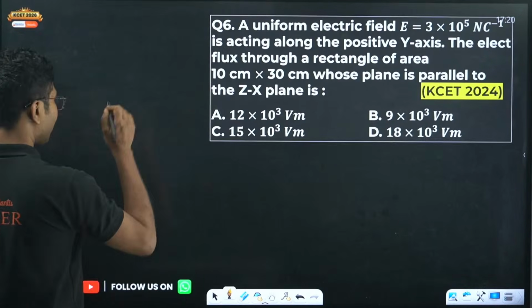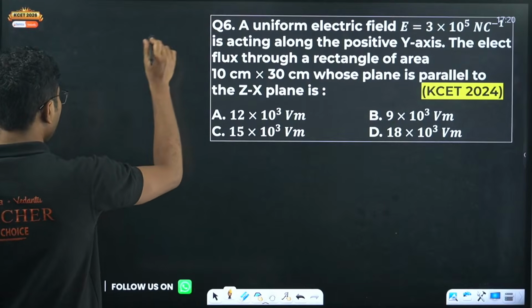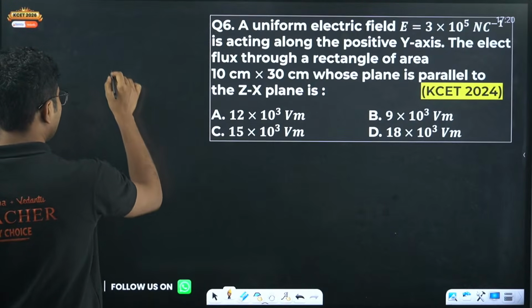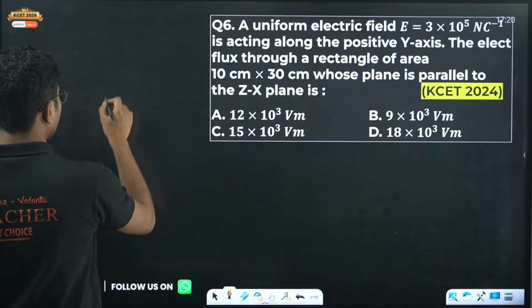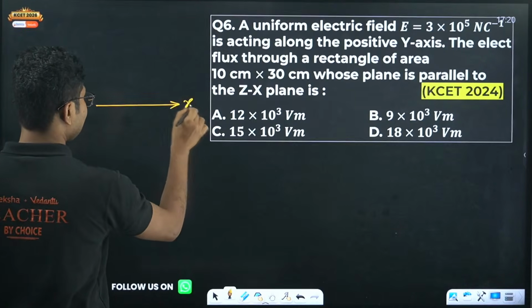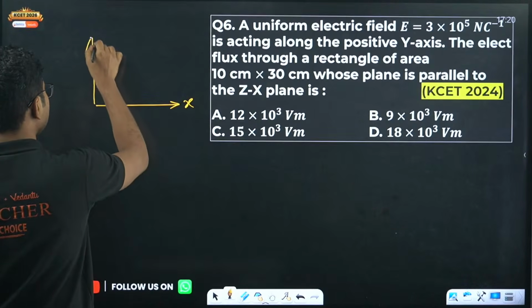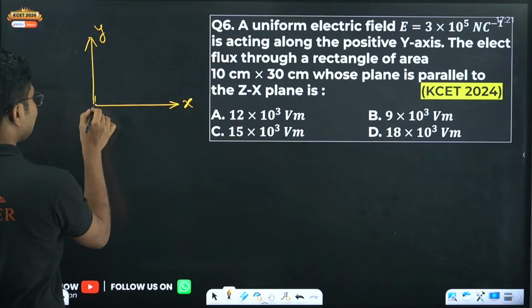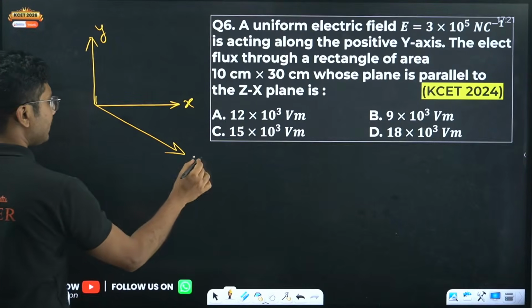So let us draw the diagram. Suppose this is my x-axis, this is my y-axis, and the z-axis is like this, out of this plane.